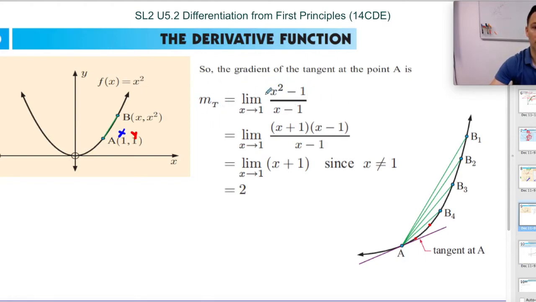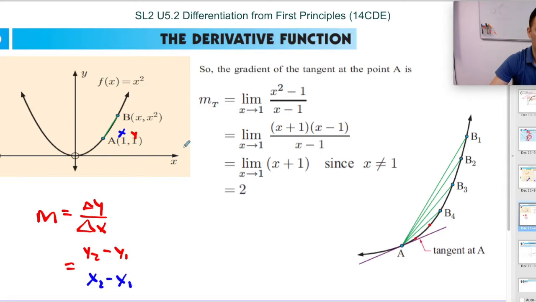Slope is just change in y over change in x. How do you get a change? You say y2 minus y1 over x2 minus x1. That's just what slope is. So this is nothing fancy.